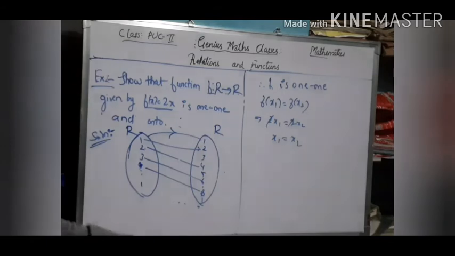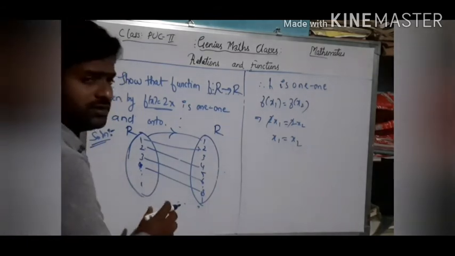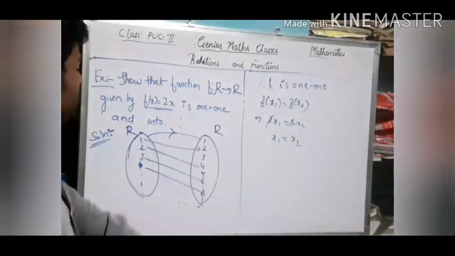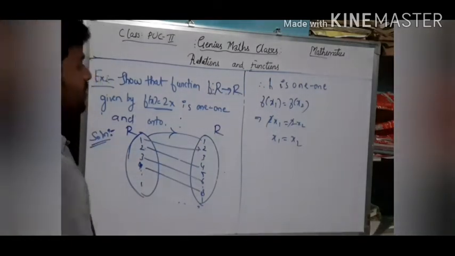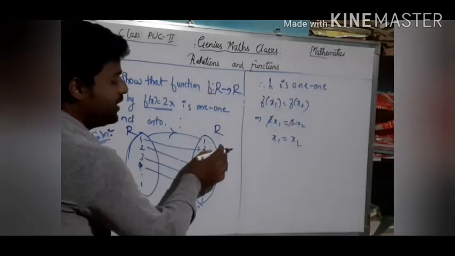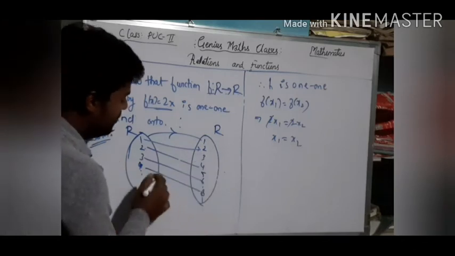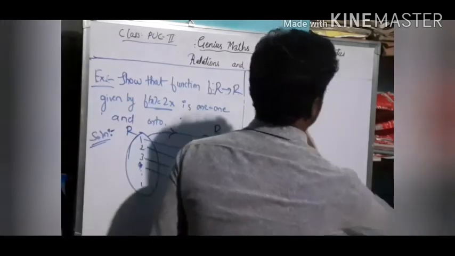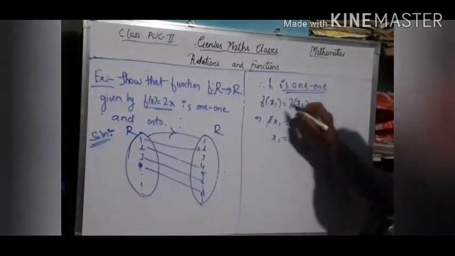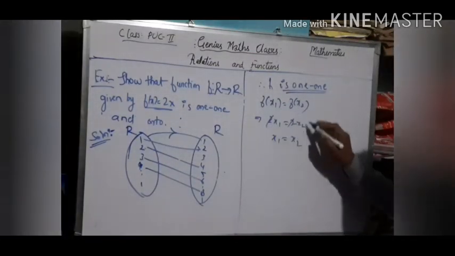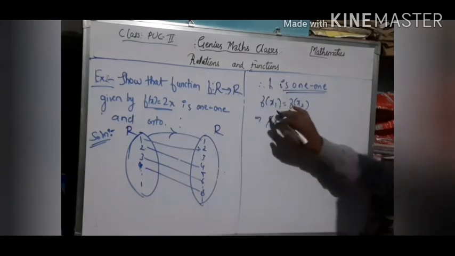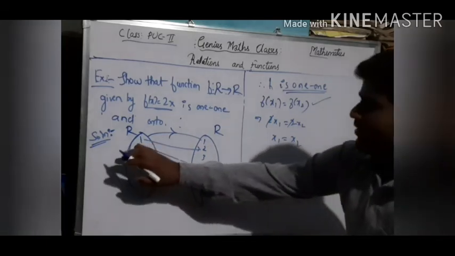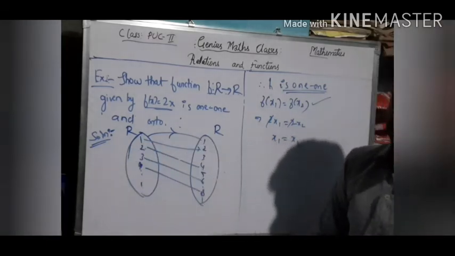Real numbers are any numbers: fractions, rational numbers, irrational numbers. Every element here you will get the images. For x1 equal to x2, you get the function values equal. Therefore it is one-one.